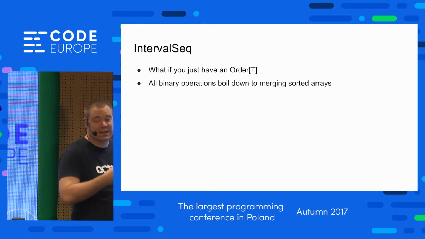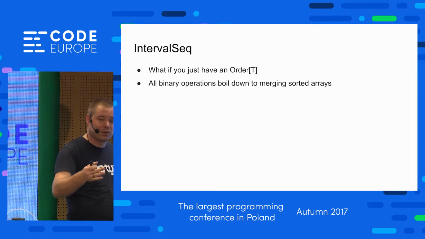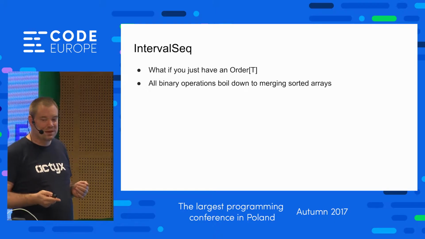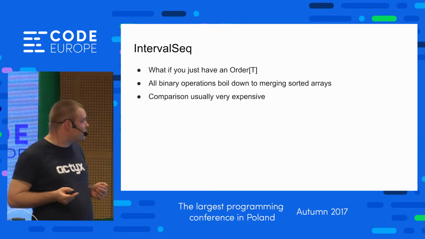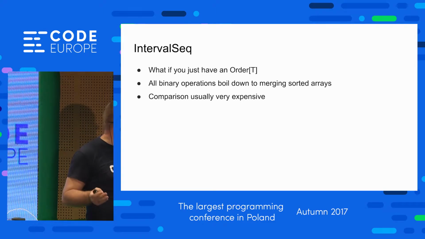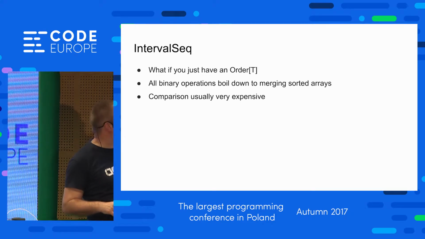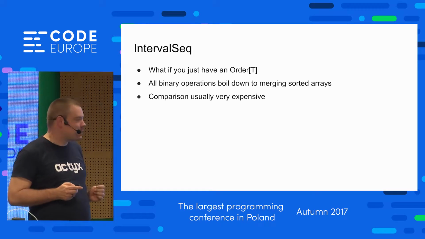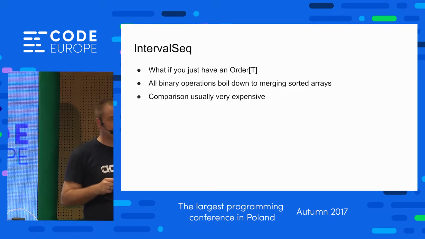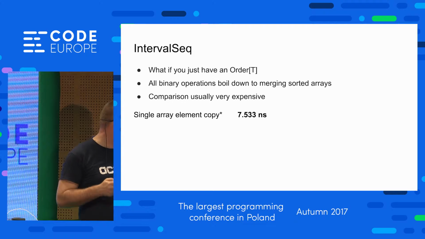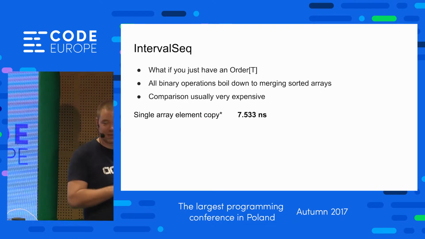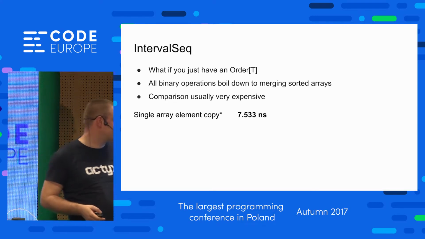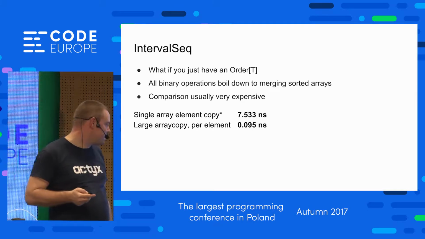Merging sorted arrays sounds like there's not much you can do. You just have to go through the arrays and merge them. But actually, that's not true. One thing to note is that in many cases where you would use an interval sequence, the comparison is very expensive. If you benchmark it, you notice that a single array element copy, a single pointer copy, is 7 nanoseconds.